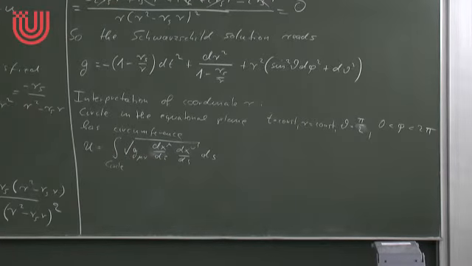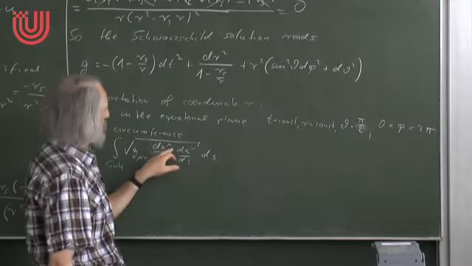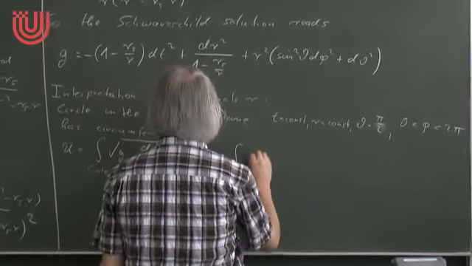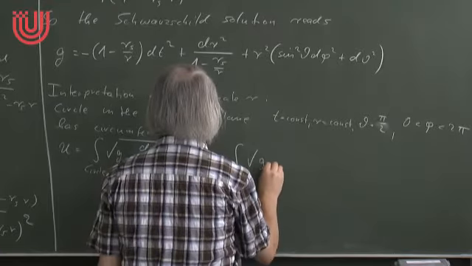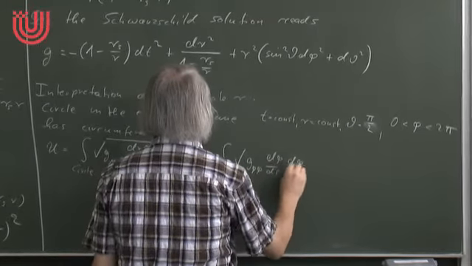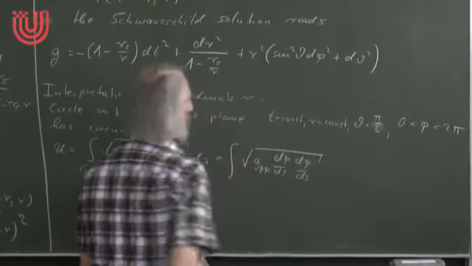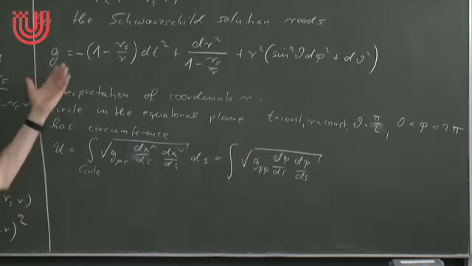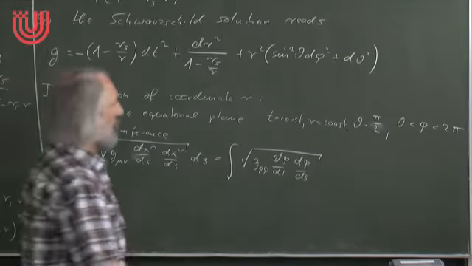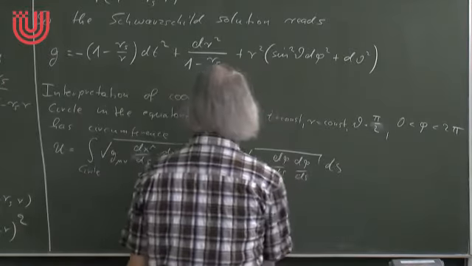And I insert my metric. So the only coordinate which varies is phi. So I only have a phi integration here. So I have g phi phi d phi by ds, d phi by ds. All the other terms are 0, right? Because dr by ds is 0 because r doesn't vary along the curve and so on.